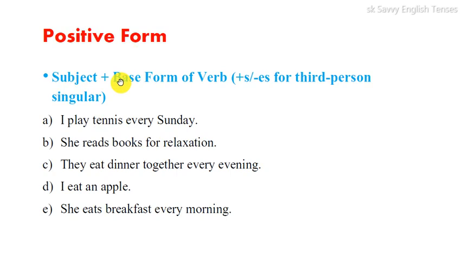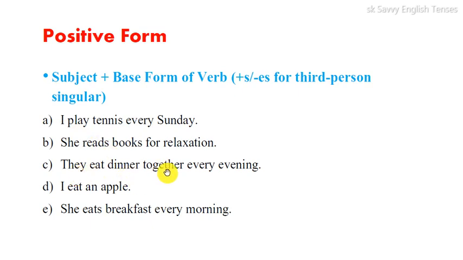Okay, let's give examples of the positive sentences in the simple present tense. As you already know, the structural formula is subject plus base form of the verb plus s or es for third person singular. Here we have the examples. Number first: I play tennis every day. She reads books for relaxation.